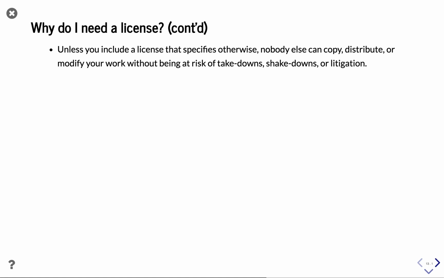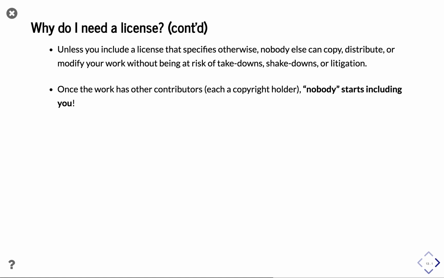Now keep going in this train of thought. Unless you include a license that specifies how people can use your work, nobody else legally can copy it, distribute it, or modify it without being at risk of takedowns, shakedowns, or legal litigation.